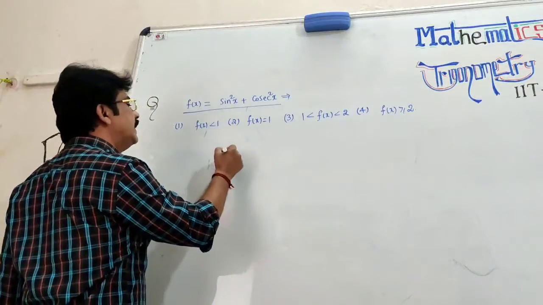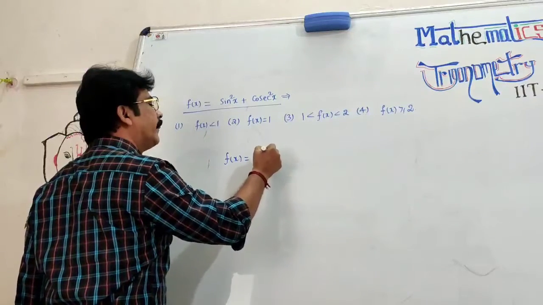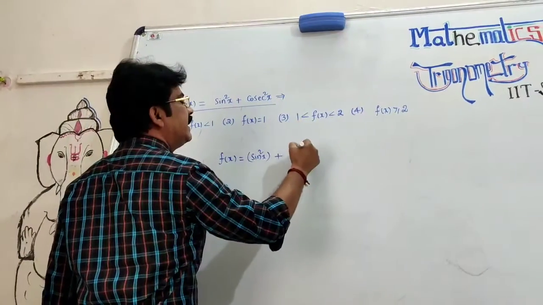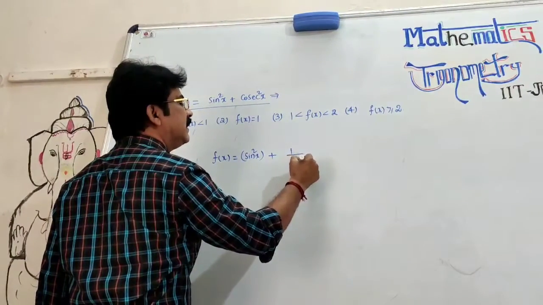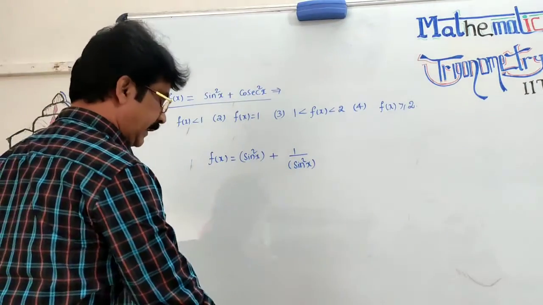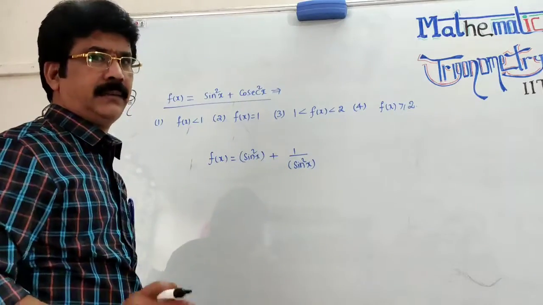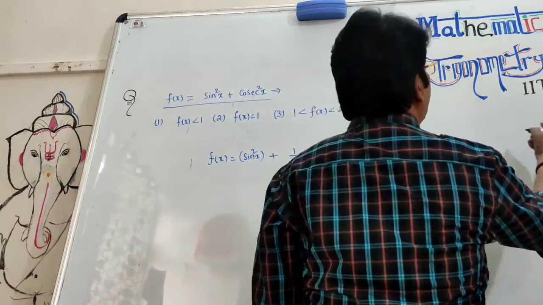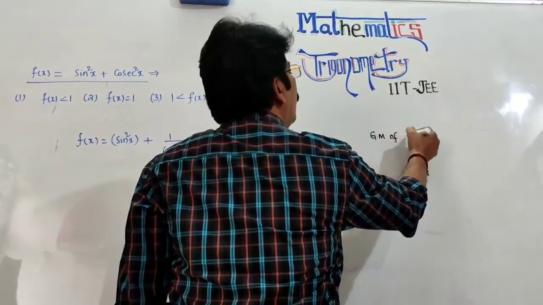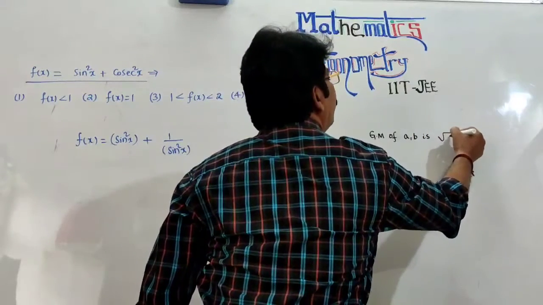Okay. Actually f of x equal to sin square x plus, it can be written as 1 by sin square x. Okay. It is actually in the form of x plus 1 by x. You come here. Actually the geometric mean of a comma b is given as root of ab.